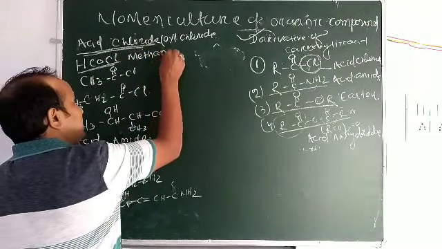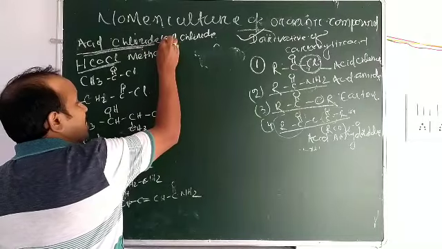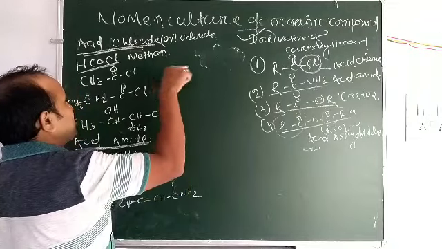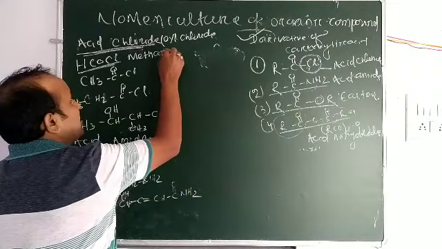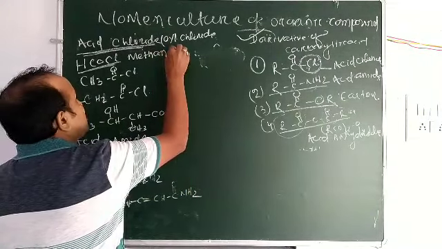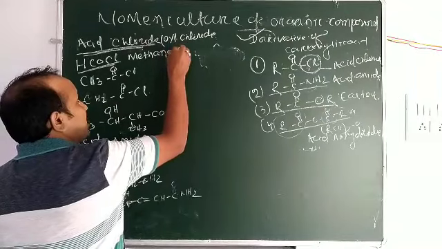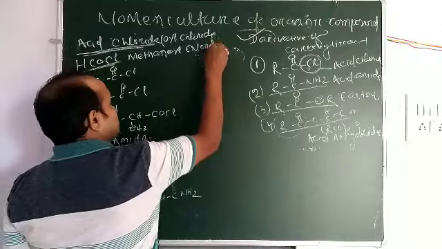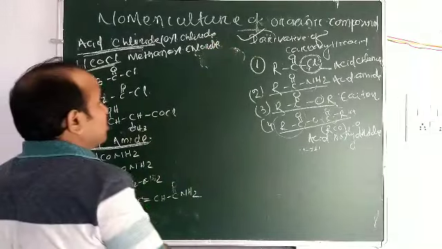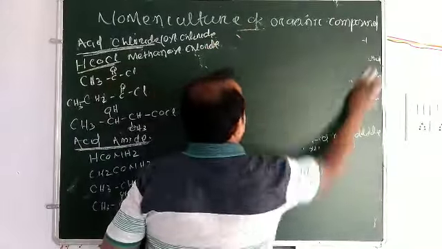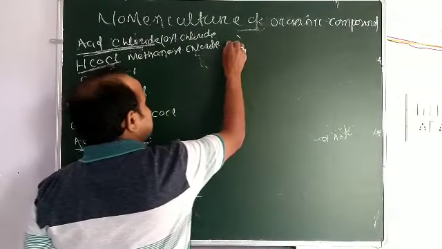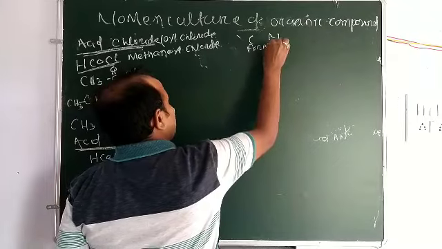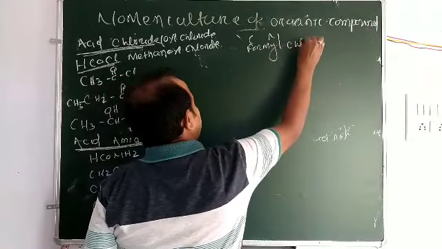Primary suffix ane, here is oyl. Here are two vowels, so one vowel should be dropped. Methanoyl chloride, and its common name is formyl chloride.